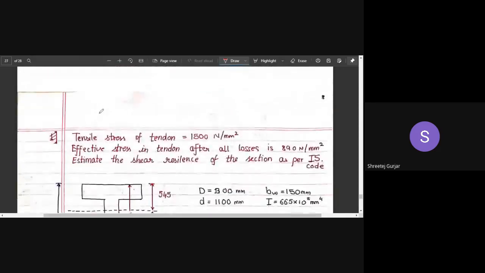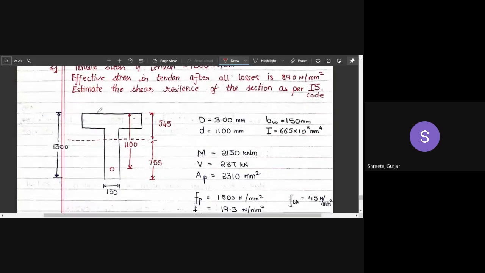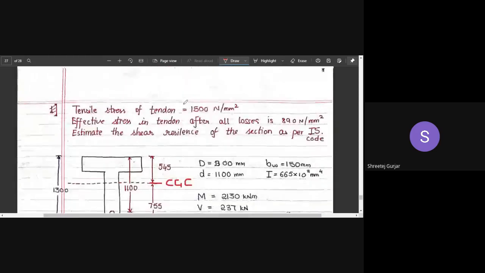That is the distance of the top fiber from the centroidal axis, 545 mm, and the distance of the bottom fiber from the centroidal axis, 755 mm. This calculation, which usually we have to do for the CG of concrete, they have already done and provided directly. No problem. Next.